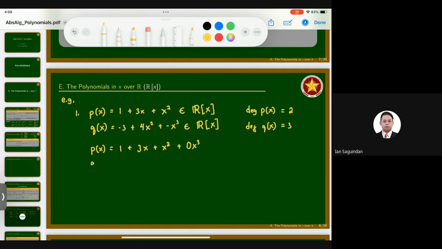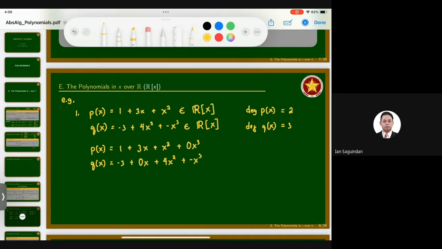And for the polynomial q of x, this should be negative 3 plus 4x squared. Take note, by the way, we do not have an x term present in q of x, so we're going to introduce 0x, plus 4x squared, plus negative x cubed.